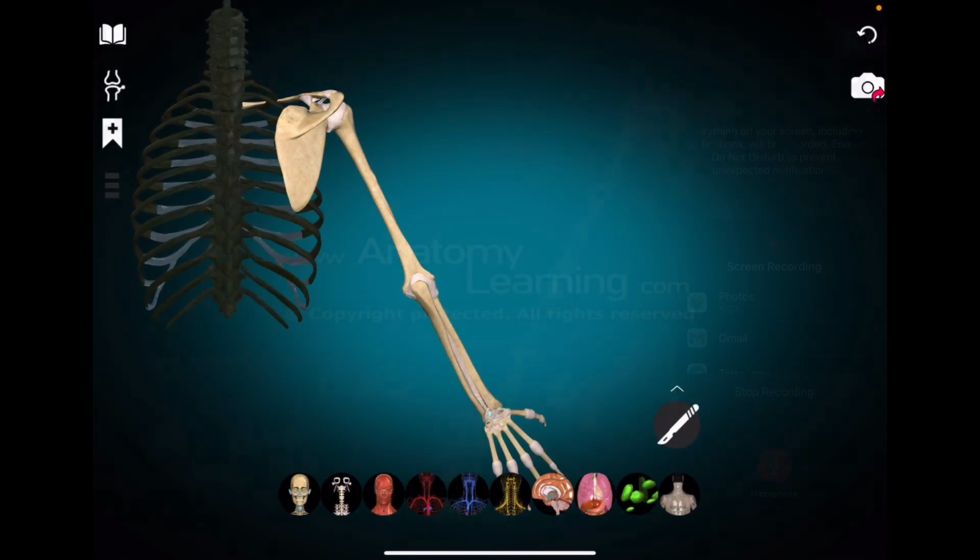I want to study the scapulo-humeral movements.